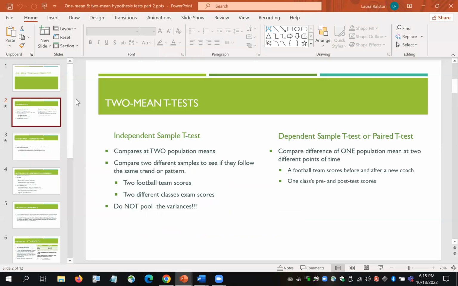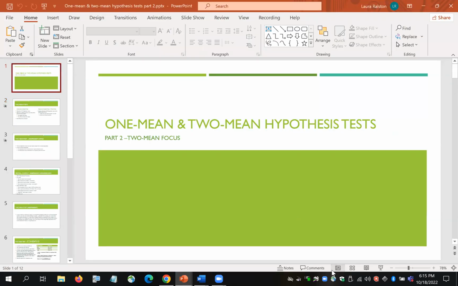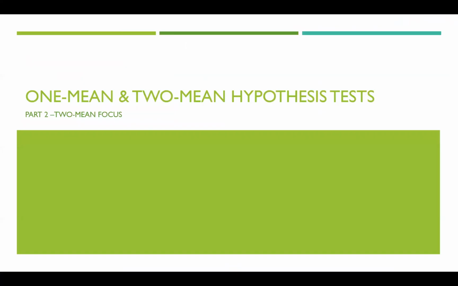So beginning with the 2 mean t-test. Again, last week we focused on 1 mean. This week we're going to focus on 2 mean. Now, these 2 mean tests are parametric tests, just like the 1 mean tests were parametric tests. Remember, parametric test means that we are comparing the means of the populations, but we're making 2 pretty big assumptions.